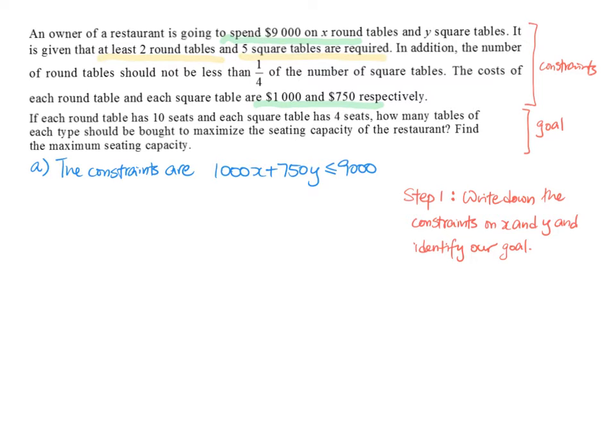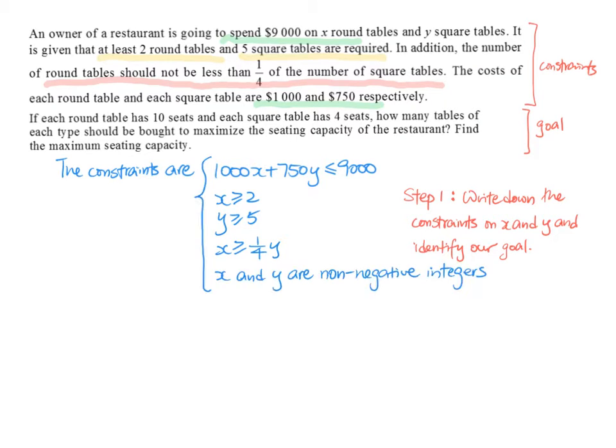What's another one? At least 2 round tables and 5 square tables are required, and therefore X is greater than or equal to 2 and Y is greater than or equal to 5. What else? Round tables must not be less than a quarter of square tables, so X must be greater than or equal to Y over 4. But that's not all. X and Y have to be integers, and moreover cannot be negative.